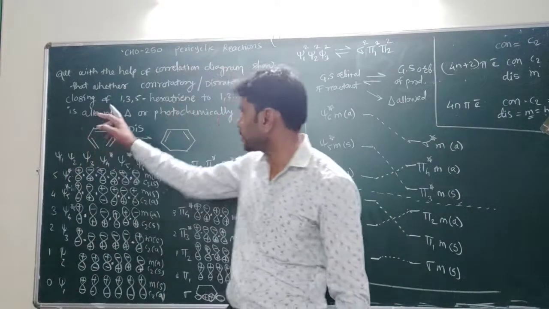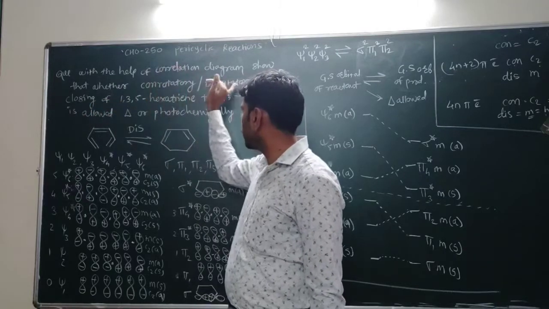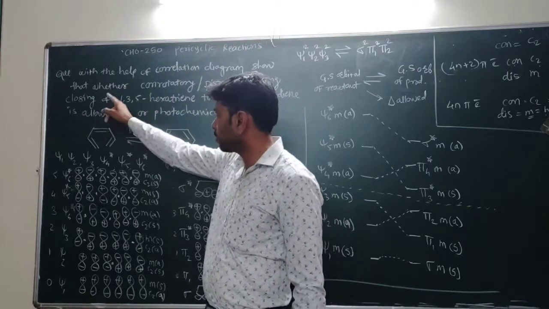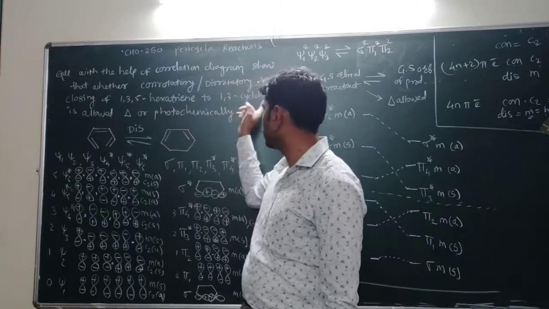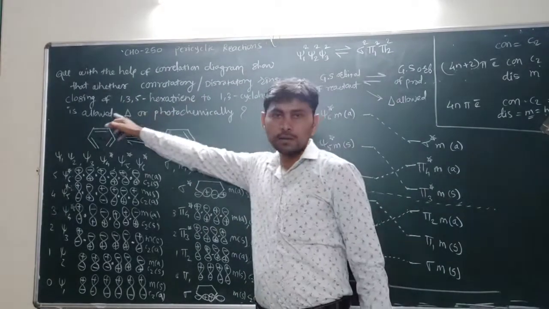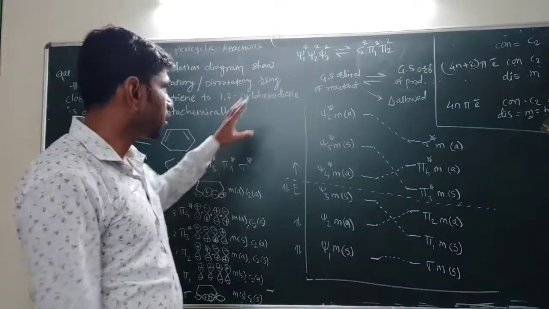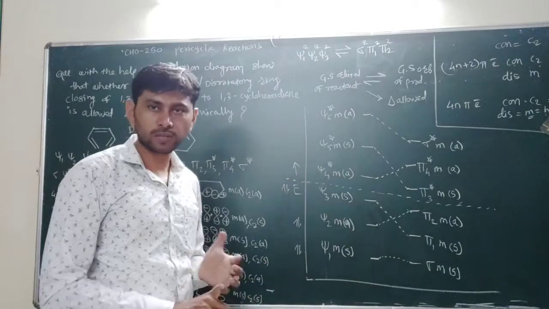Here the ring closing reaction is asked. So for ring closing you can write that the disrotatory ring closing of 1,3,5 hexatriene to 1,3 cyclohexadiene is allowed thermally. So this is about the correlation diagram for electrocyclic reactions.